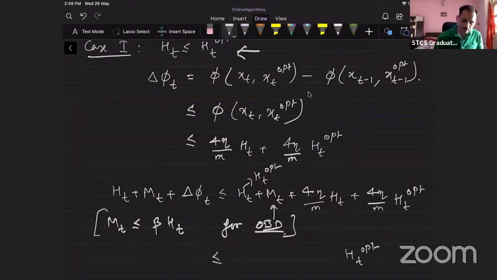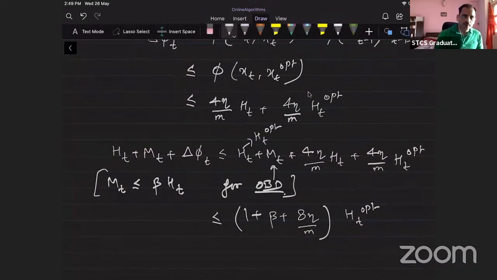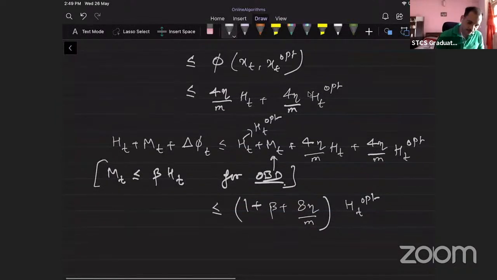Mt I'm able to write in terms of ht. So 1 plus beta plus 8 eta over m ht opt. Okay, so this tells us that ht plus mt plus del phi t.